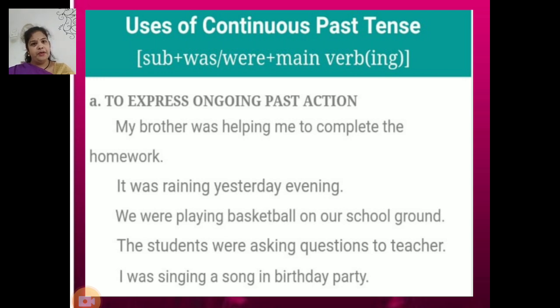For example, my brother was helping me to complete the homework. It was raining yesterday evening. We were playing basketball on our school ground. The students were asking questions to the teacher and I was singing a song at a birthday party.